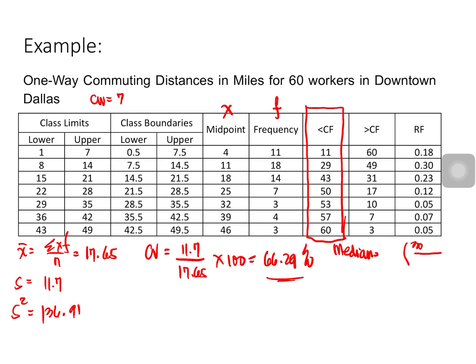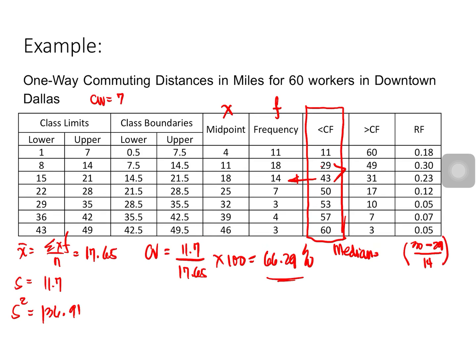It is between 29 and 43. So 30 minus the value above, that is 29, divided by the frequency below. 43 is the value below, and the frequency is 14.